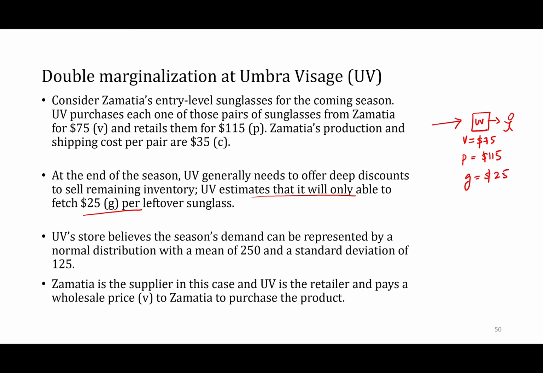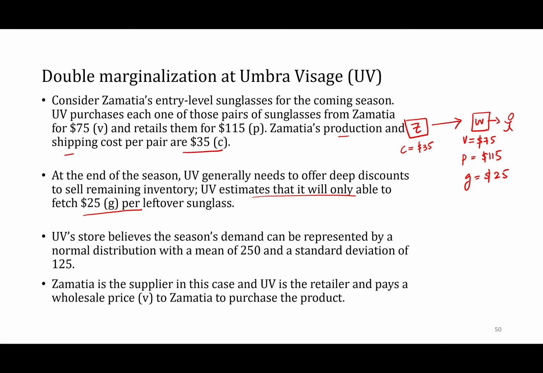Then UV gets its product from Zematia, and we had this information that it costs Zematia $35 to manufacture the product. This is production as well as shipping.